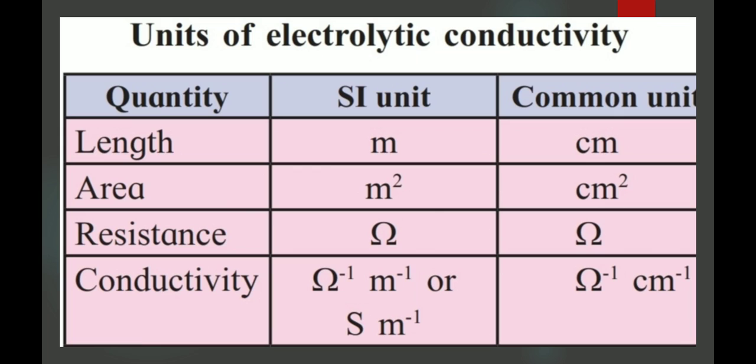Units of electrolytic conductivity: length SI unit meter, common unit centimeter; area meter square, otherwise centimeter square; resistance ohm; conductivity per ohm per meter, otherwise Siemens per meter, or per ohm per centimeter.